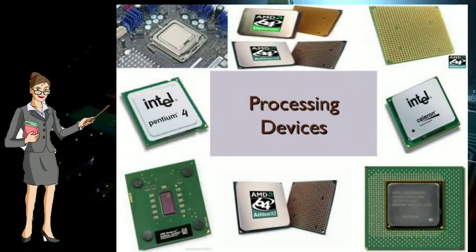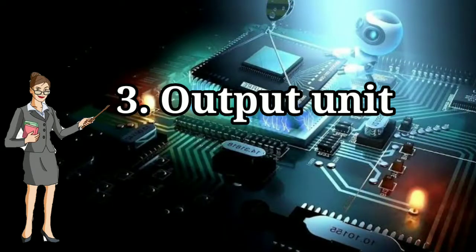The central processing unit, commonly known as the CPU, is the most important unit where all the processing work is done. The CPU is the control center of the computer and hence it is said to be the brain of the computer. Third, output unit.